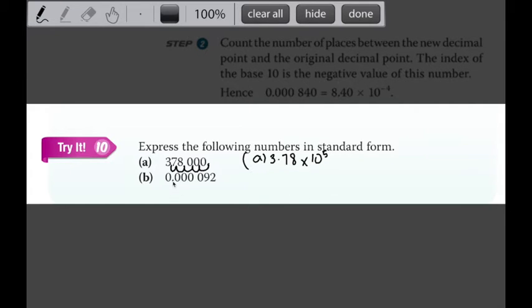And this, you want to move this decimal all the way here, right? Such that the first digit will be a 9 to fulfill the criteria.